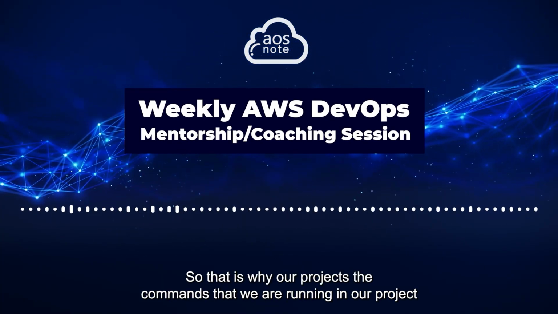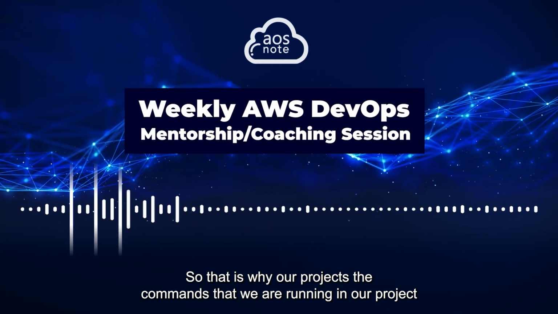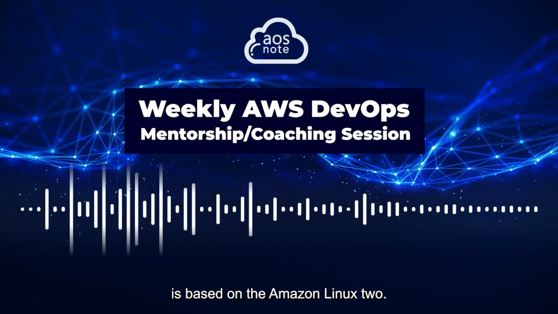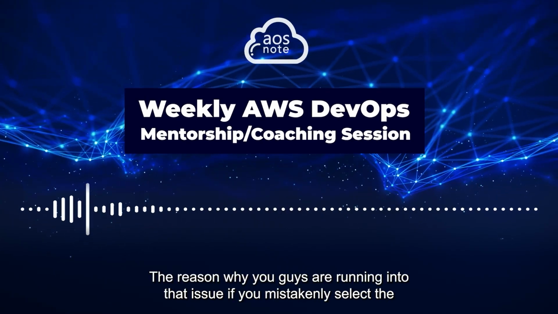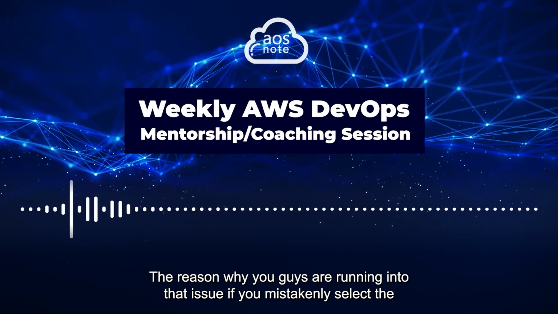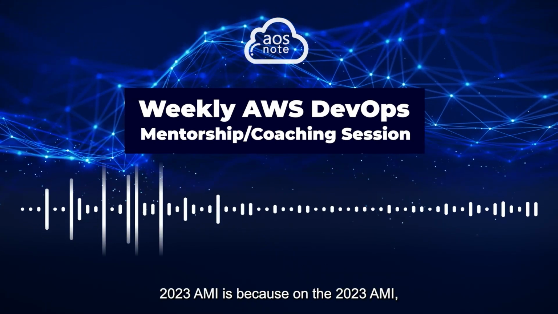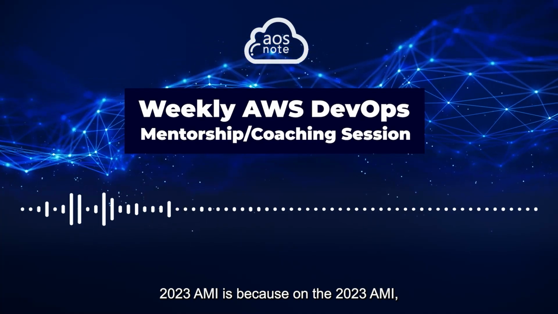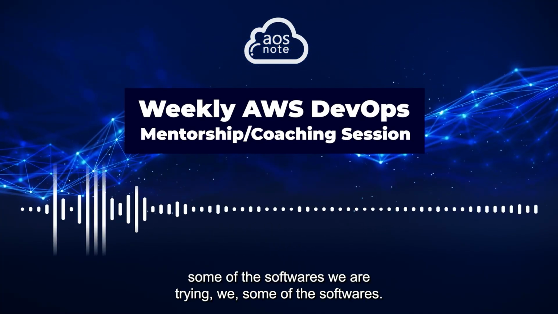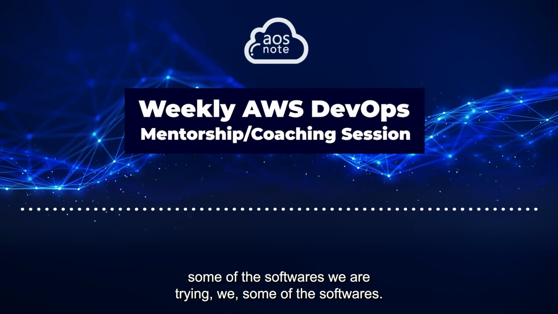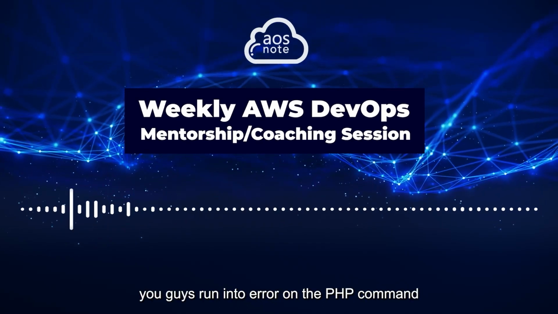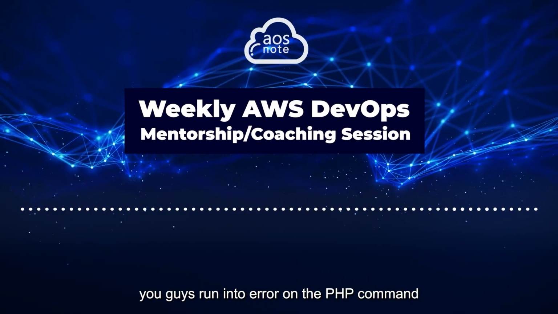So that is why the commands that we are running in our project are based on Amazon Linux 2. The reason why you guys are running into that issue, if you mistakenly select the 2023 AMI, is because on the 2023 AMI, some of the software is different. For example, I think most people's error is on the PHP command.